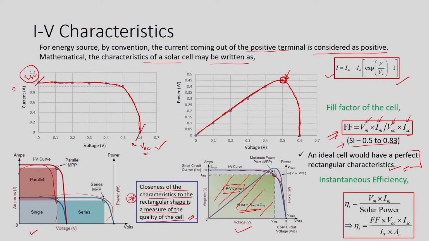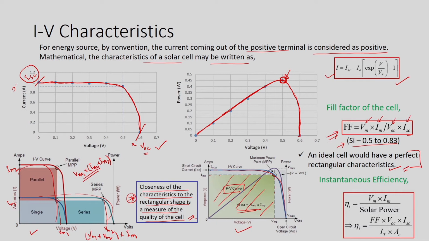For the maximum voltage, maybe we can put Vm1 and Vm2, and the currents Im1 and Im2. Here the voltage will be Vm1 plus Vm2, and for power that has to be multiplied by Im1. In the parallel case we will have Vm1 multiplied by Im1 plus Im2. That way we can calculate for different cells.